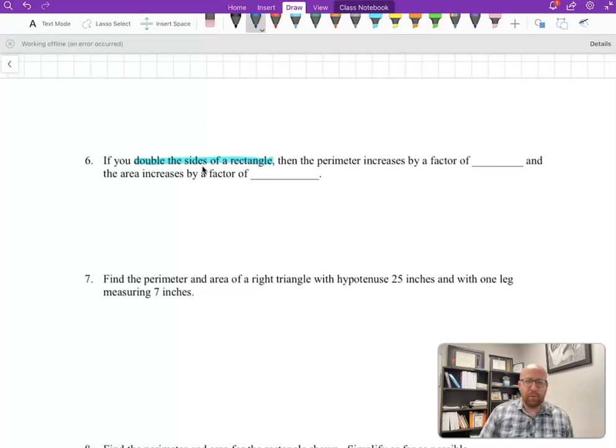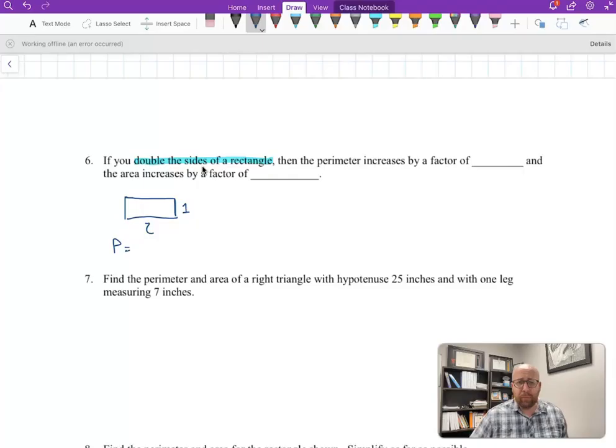So let's start off with a very simple rectangle. And we'll have lengths of 2 and widths, or heights, of 1. So let's talk about perimeter.